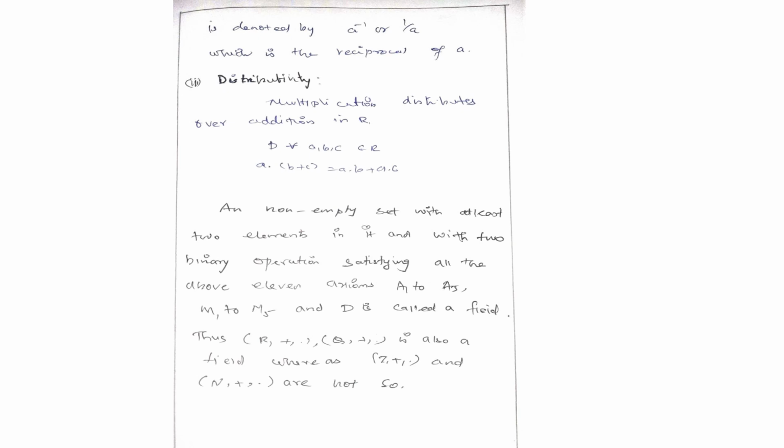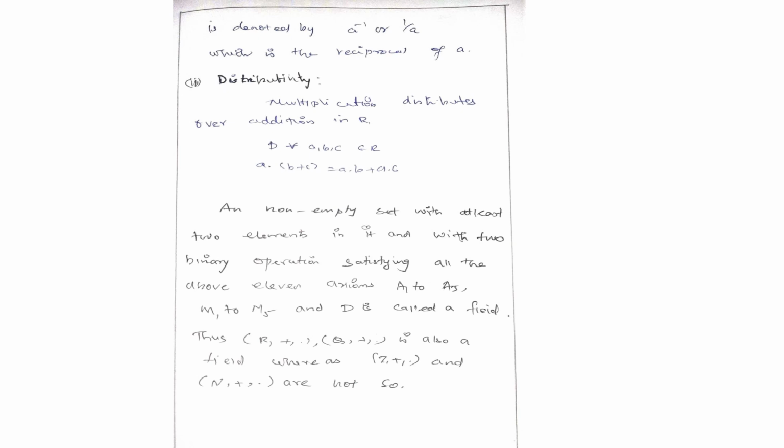Above is the example for real analysis: R, addition and multiplication. Then Q, addition and multiplication is also a field, whereas Z, plus, dot and N, plus, dot are not.